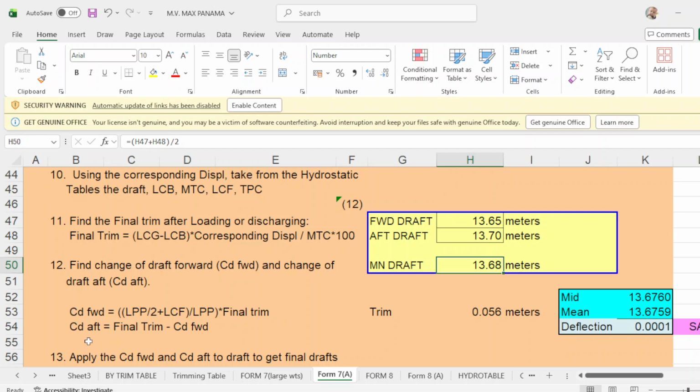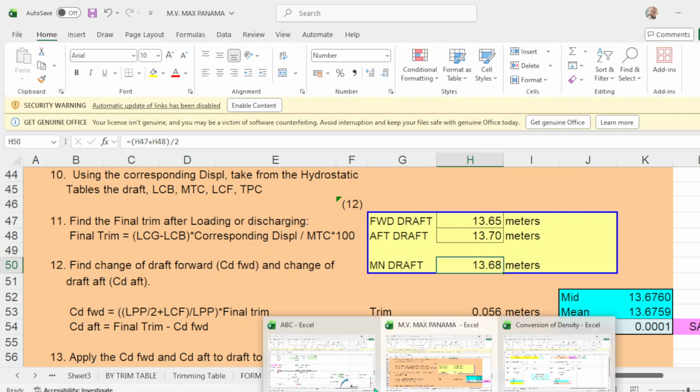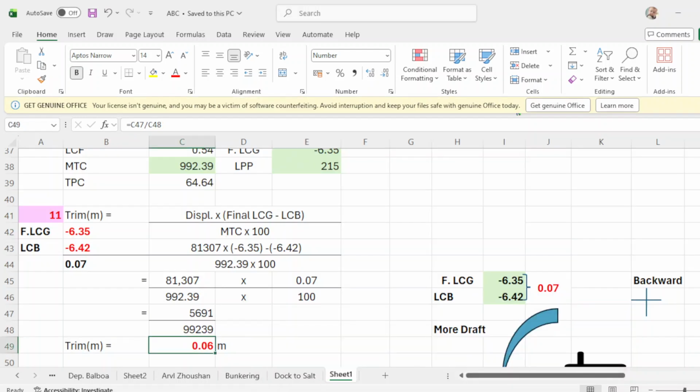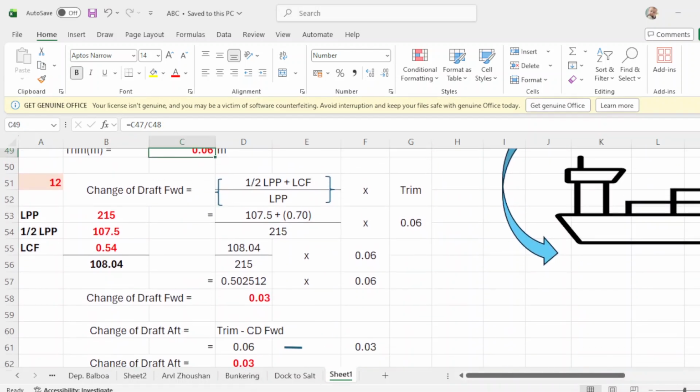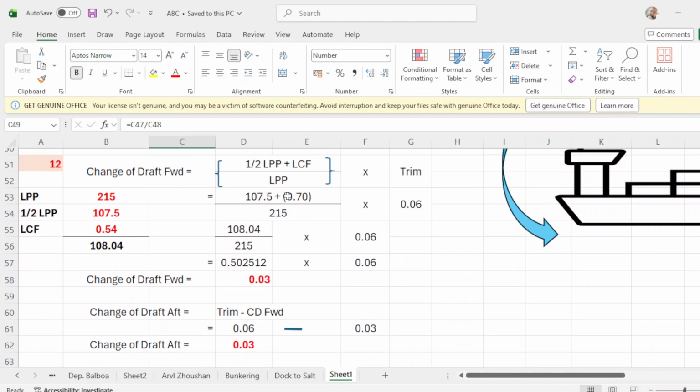Then your change of draft aft will be final trim minus change of draft forward. Manual computation: what is your LPP?